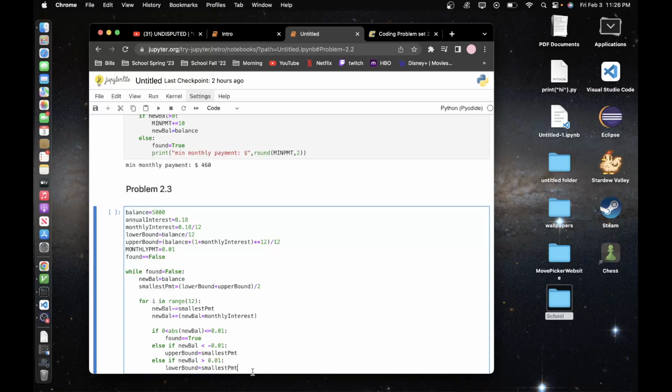And so we're basically saying once we've passed through all these conditions, go back to the for loop. If the new balance is between these two values to the nearest cent, found equals true.